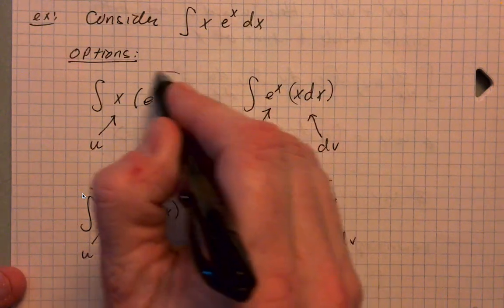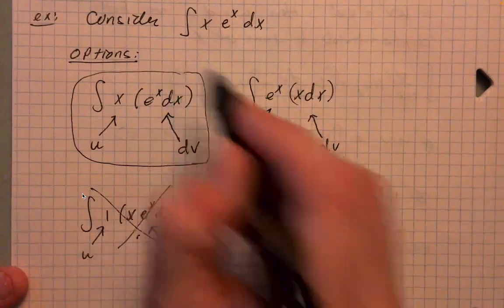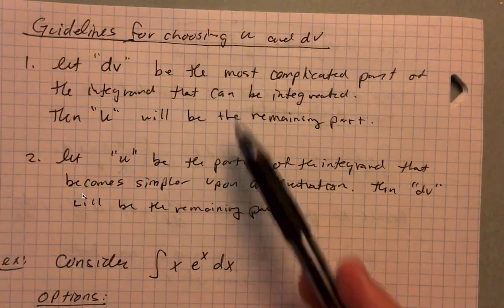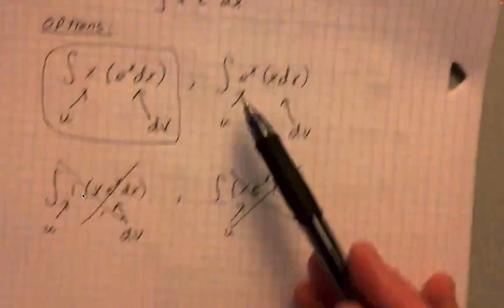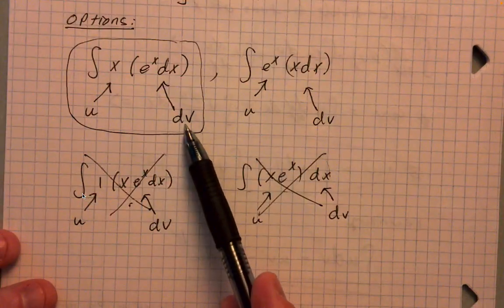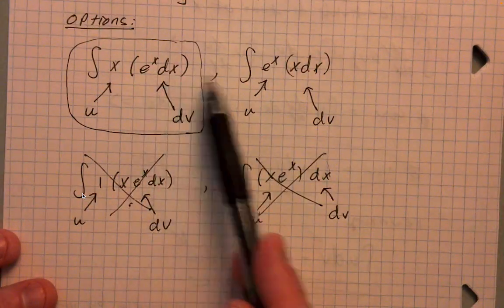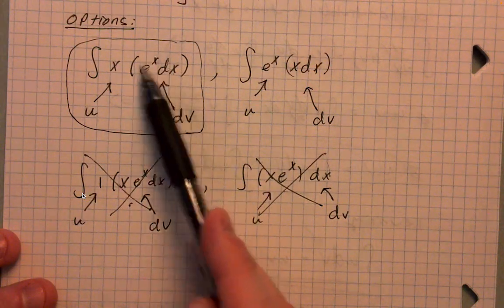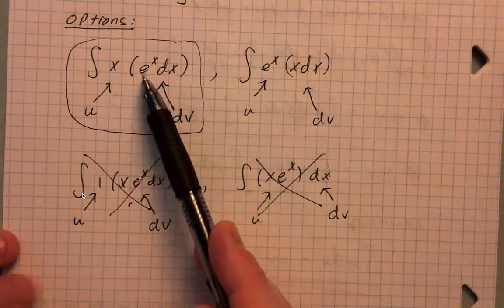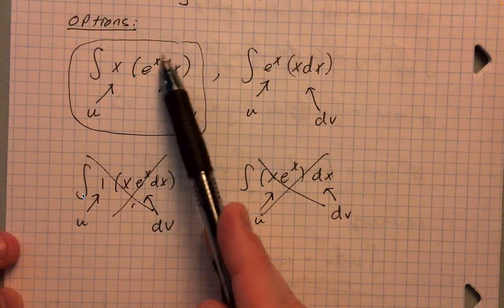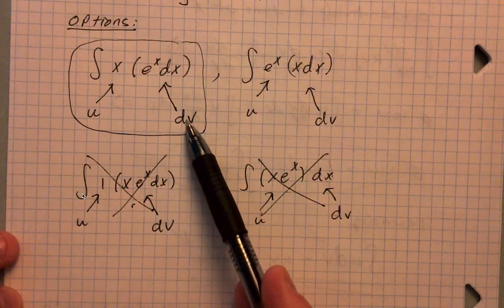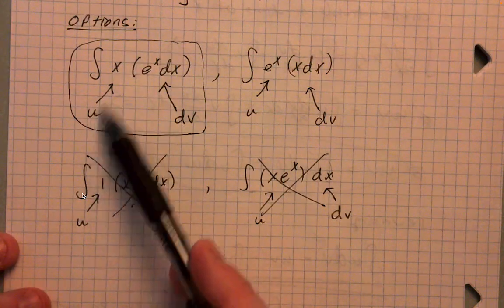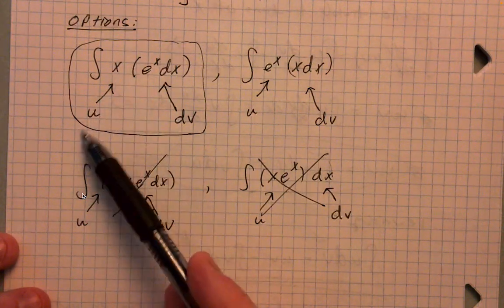Well, this one is the best, and the reason is because it fits both guidelines. On the one hand, we can definitely integrate e to the x dx. That's the complicated part of the integral, relatively speaking, that we know how to integrate. And it is also a good fit for principle 2, because if we differentiate x, it just becomes 1.